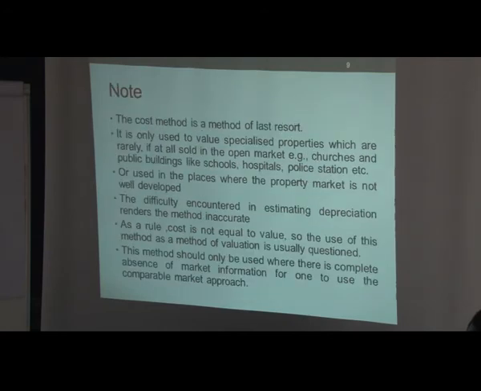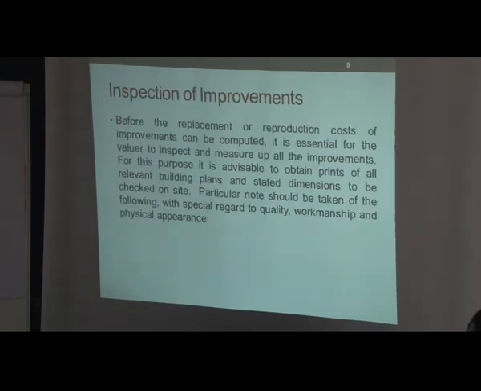So what do you need to do? How do you go about valuing a property using the cost method? First and foremost, just like in any valuation process, you need to inspect the building and take measurements of the building.